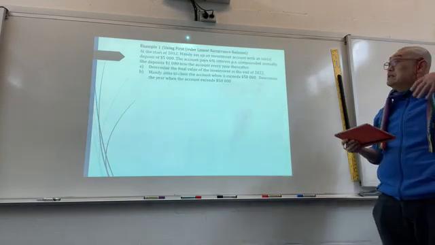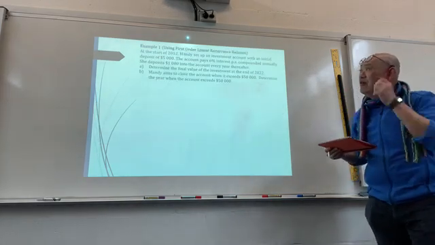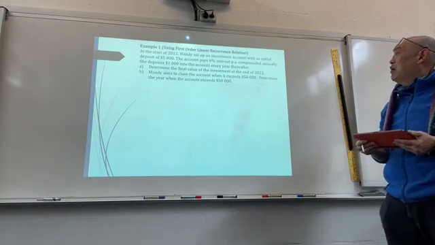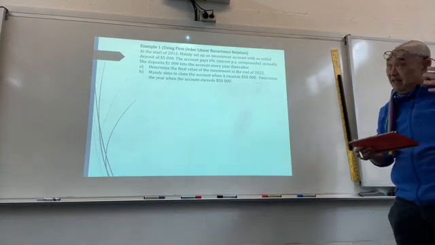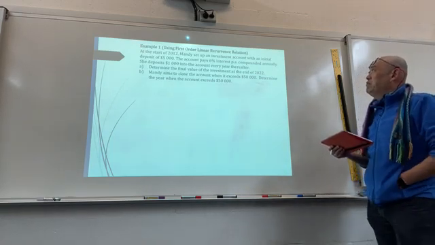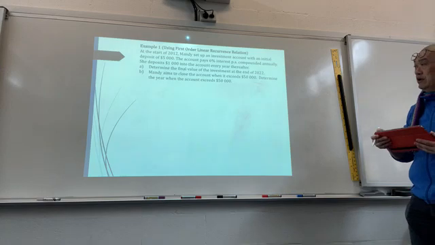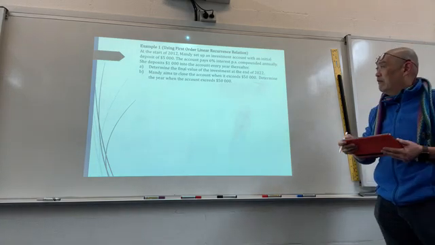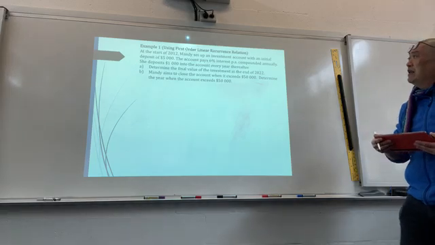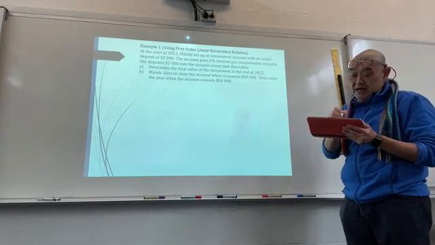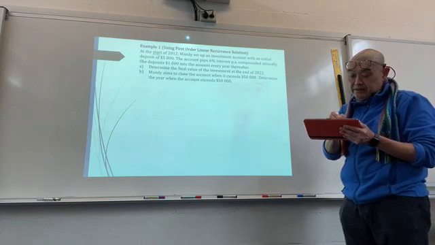Now let's have a look at example 1. At the start of 2012, Mandy set up an investment account with an initial deposit of 5,000, like what I said. The account pays 6% interest per annum, compounded annually. She deposits $1,000 into the account every year thereafter. Determine the final investment at the end of 2022. Read the question carefully.